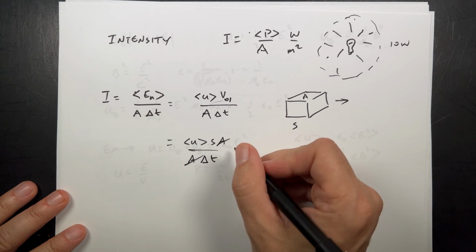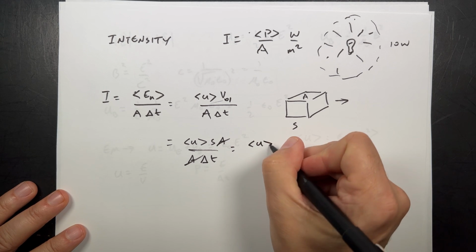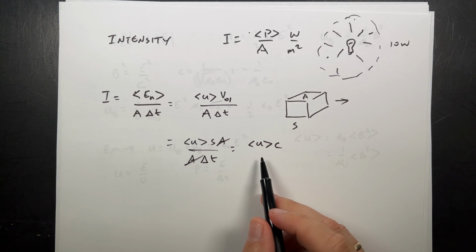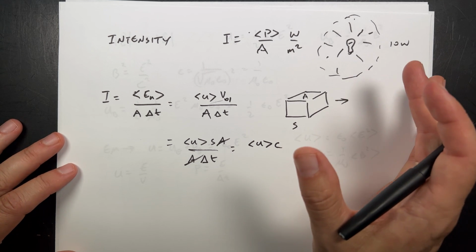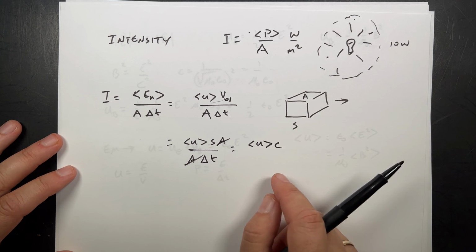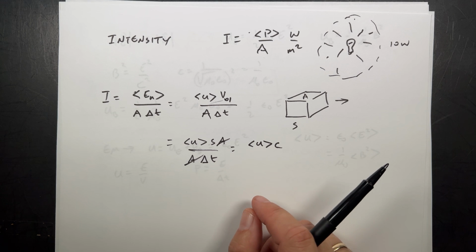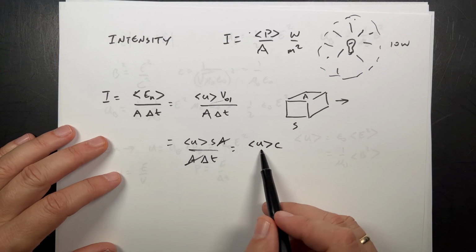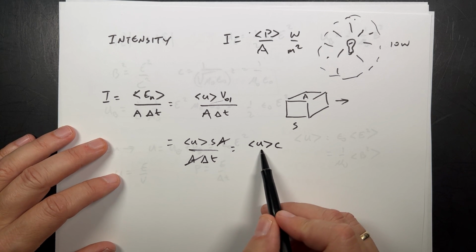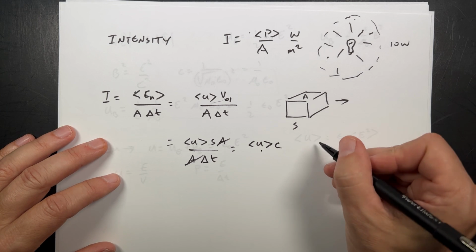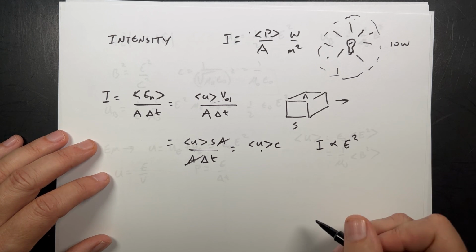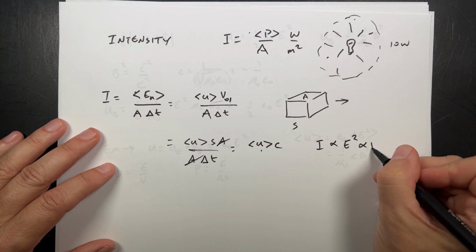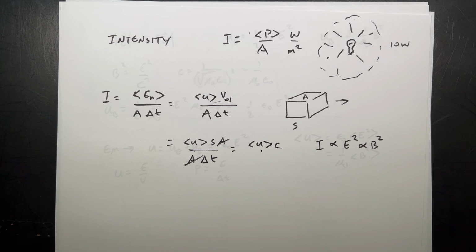So I actually get this. That's the intensity of light. It depends on the energy density, which can change, right? Because as you get further away, the energy density decreases, and that's the speed of light. Okay. And since this depends on the electric field, we can actually say the intensity is proportional to the square of the electric field, which is proportional to the square of the magnetic field.